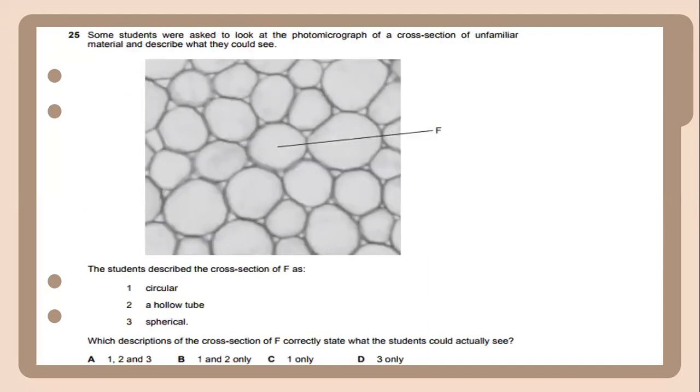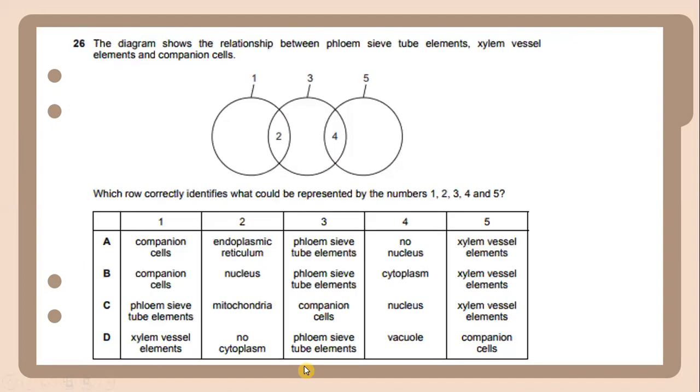25, which description of the cross-section of F correctly states what the student would actually see? The answer for this will be 1 only. And 26, the diagram shows the relationship between phloem sieve tube elements, xylem vessel elements, and companion cells.